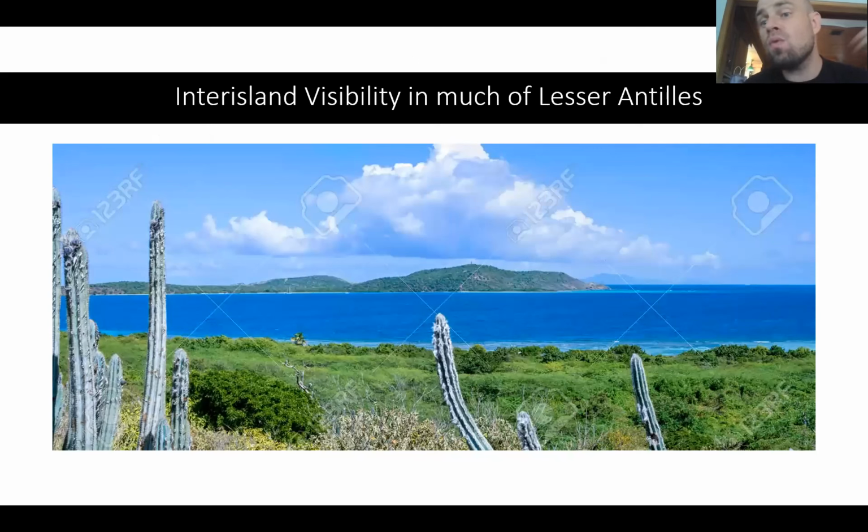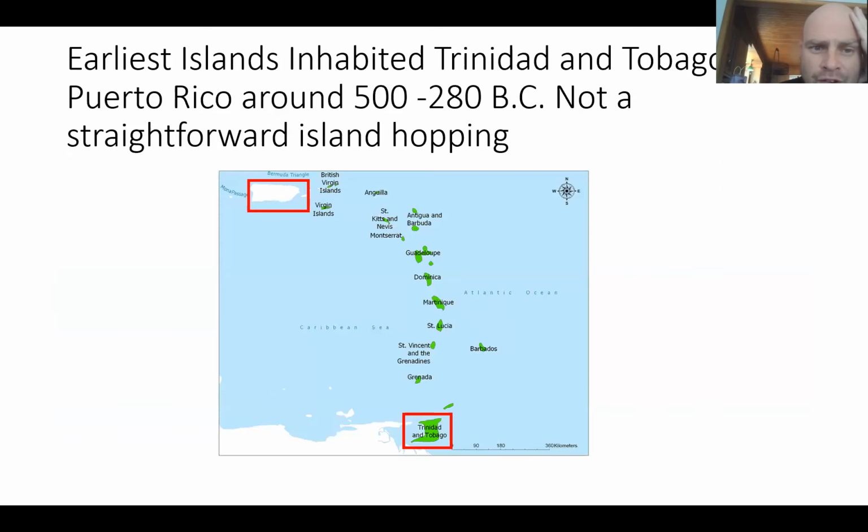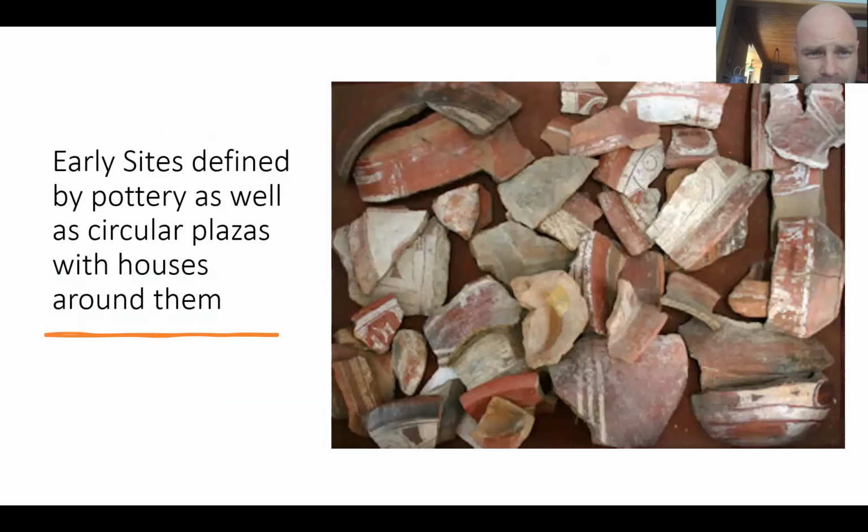So you can see where to go next and keep going and exploring. So it seems like there was a lot of rapid exploration to get to Puerto Rico, which is one of the bigger islands, and Trinidad and Tobago and Puerto Rico are inhabited first, with these smaller islands filled in later.